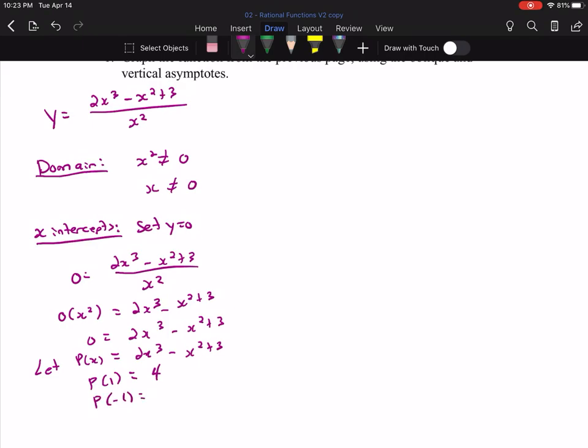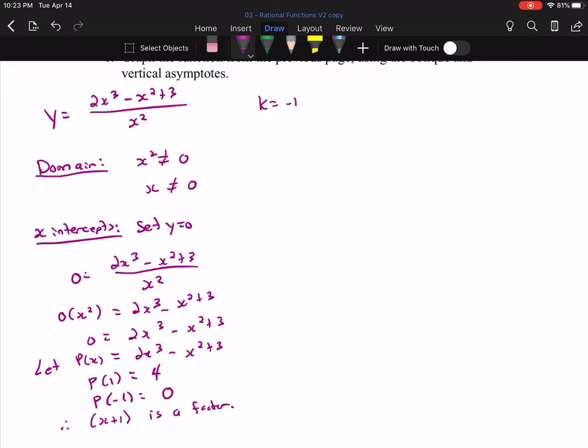P of negative 1, ooh, 0. Therefore, x plus 1 is a factor. And so I have 0 equals, better do that, synthetic division.